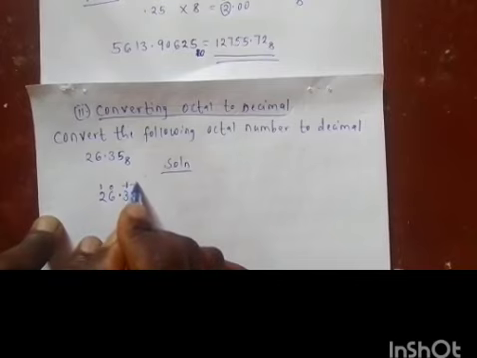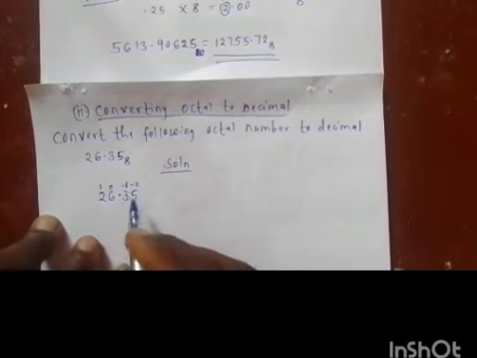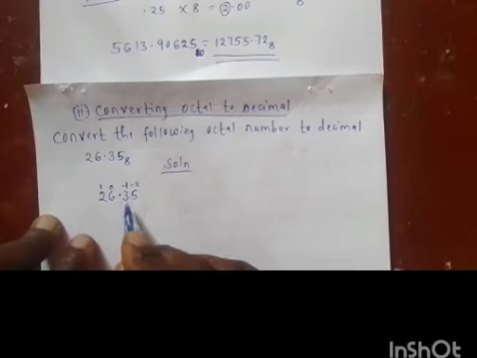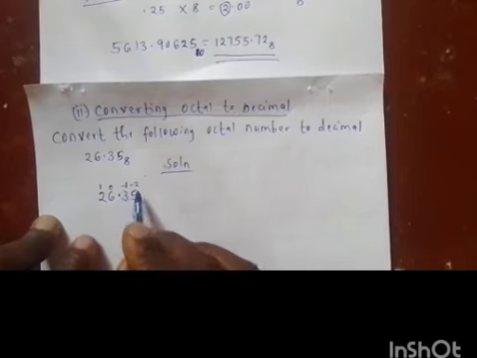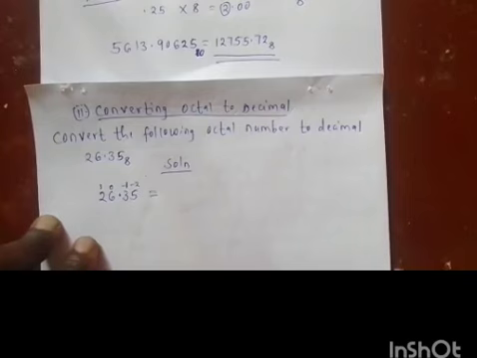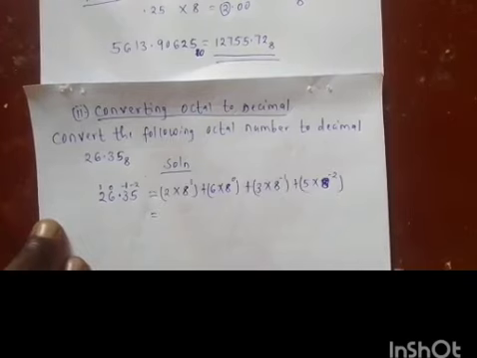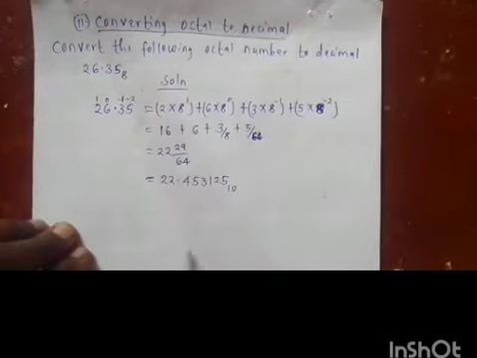Then we multiply each digit by 8 to the power of this number. So we write that. This becomes this.